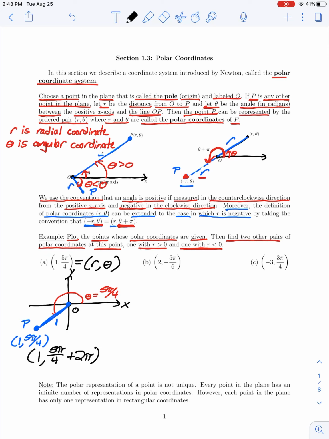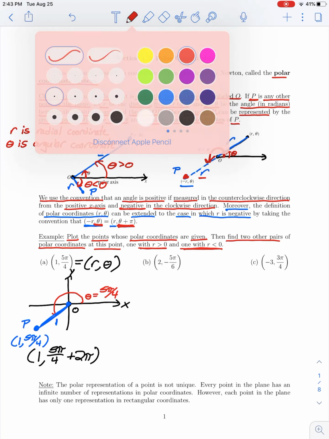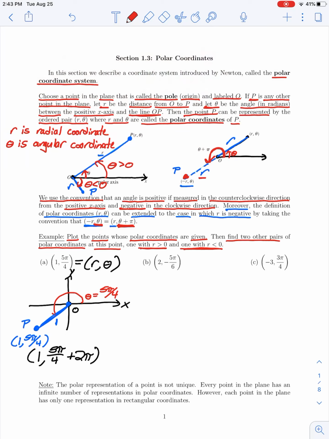Now let's think about why that's true. If I add 2 pi or subtract 2 pi from that angle, let's think about what that does. At an angle of 5 pi over 4, I was at this line segment. So if I just add 2 pi to that, that means I'm just going to make 1 extra revolution about this circle and then still move 1 unit outward.